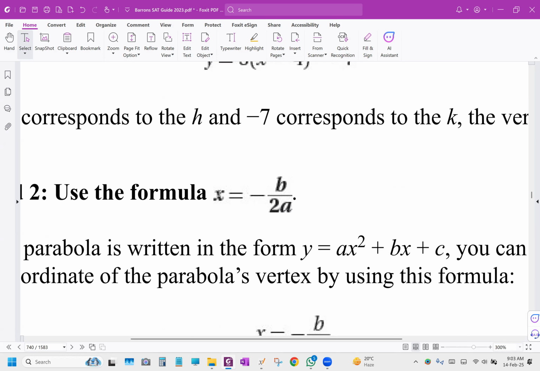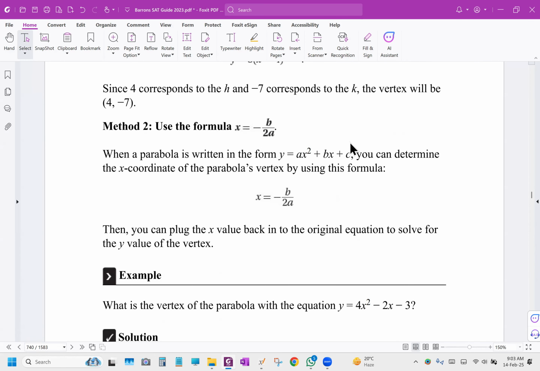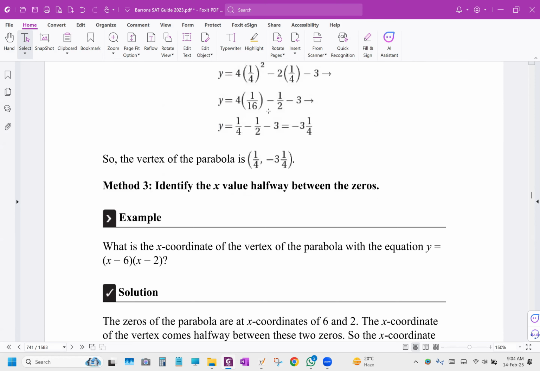If you ever read calculus, then you would understand what I'm talking about. You don't need to understand what is maxima and what is minima right now. In your upper class, you will understand it. You can just find it by using the concept of calculus. Negative b by 2a.